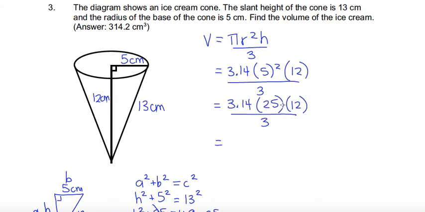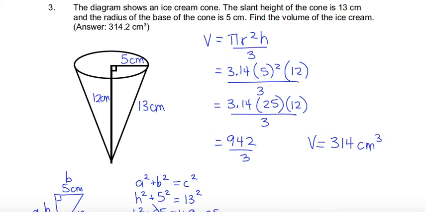Now I can simplify my numerators. 3.14 times 25 times 12 gives us 942. I'm going to divide this by 3 to give us 314. My units are centimeters cubed.